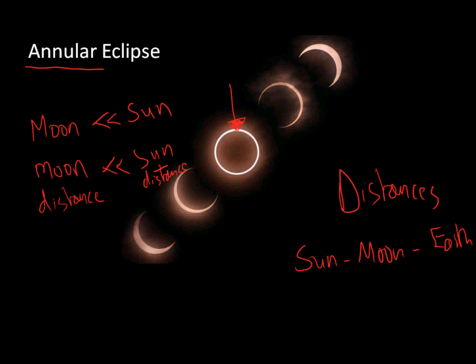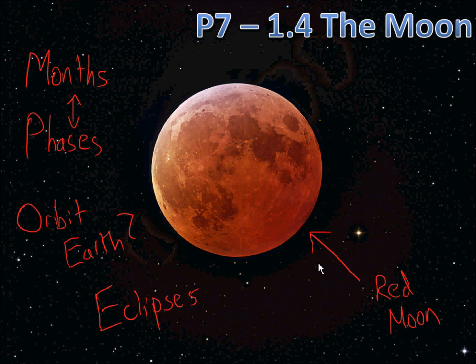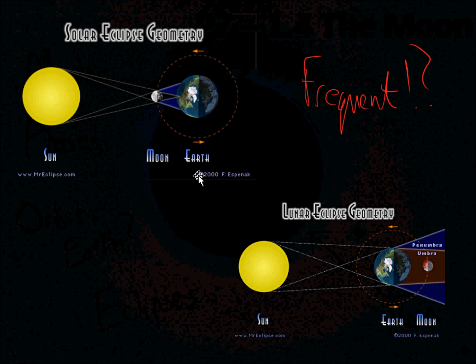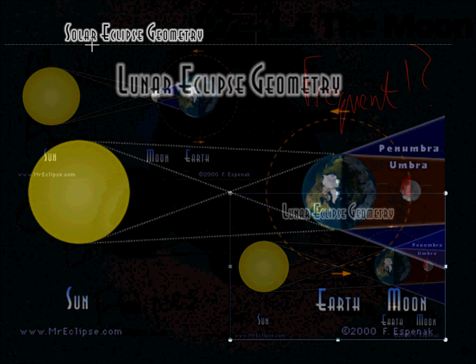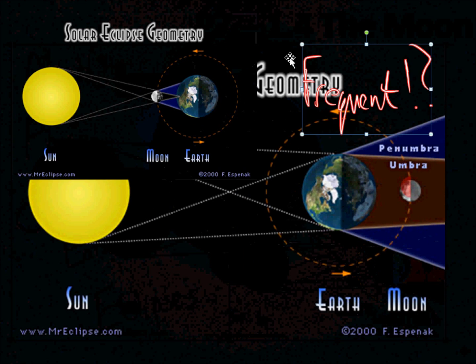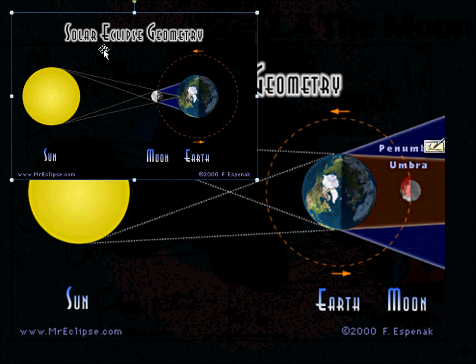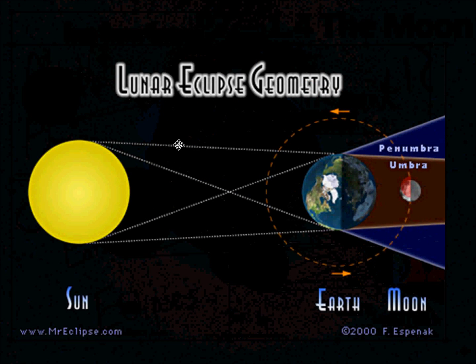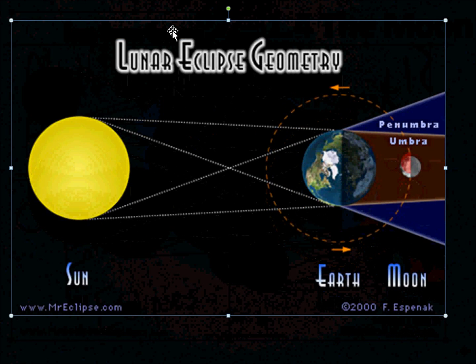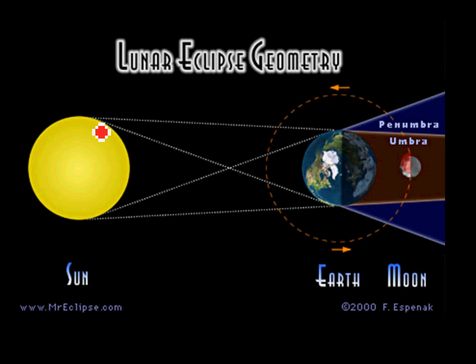That brings us back to our red moon situation, and this red moon occurs during one of our lunar eclipses. Now the reason for this is a little complicated. We'll later in this module study something to do with this, but basically it's to do with light bending around the Earth.